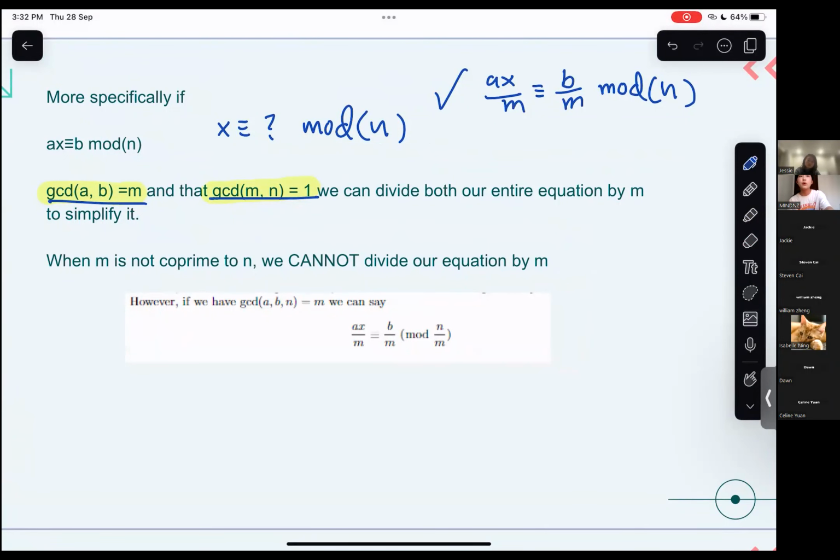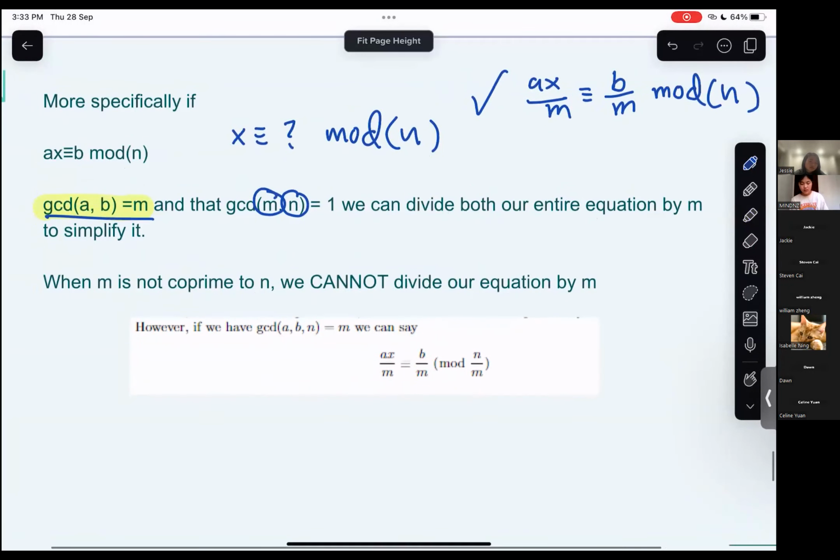Because what is most important about this is that m, the divisor between a and b, has to be co-prime with n. Because if it's also shared with n, you can't promise that the relationship still holds, that you're not dividing away an important part of the modulo equivalence that we need to keep it true.